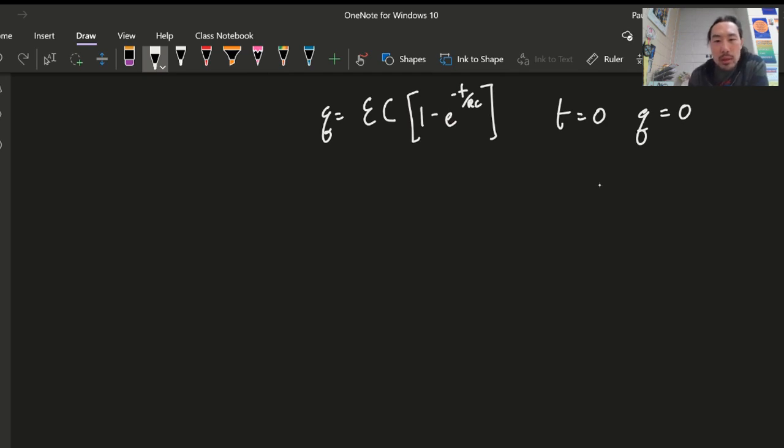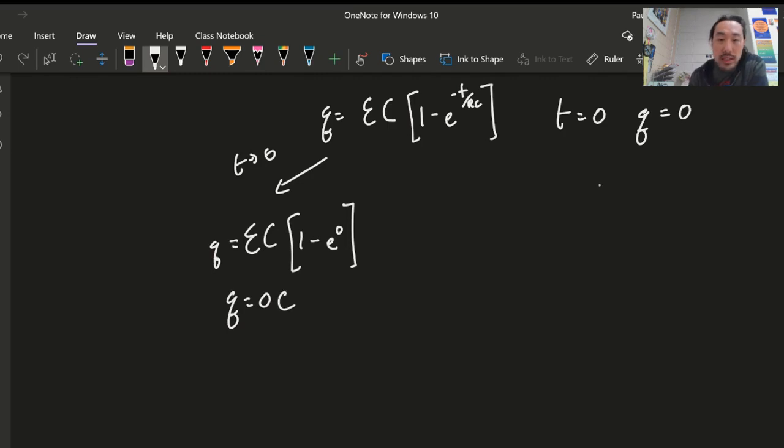We do it over here where t is equal to 0: epsilon C times 1 minus e to the 0th, in the bracket. And so this gives us 1 minus 1, and that gives us 0. 0 times EC, Q does in fact equal 0 coulombs at time 0.